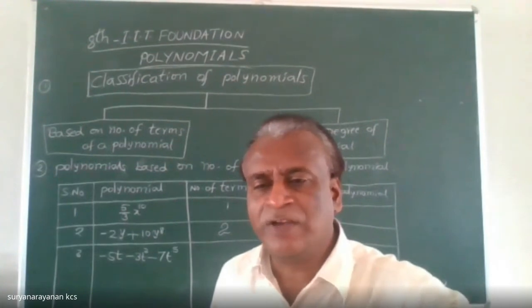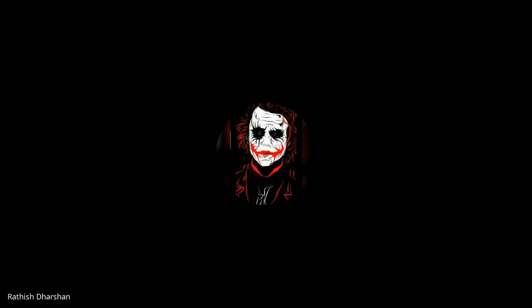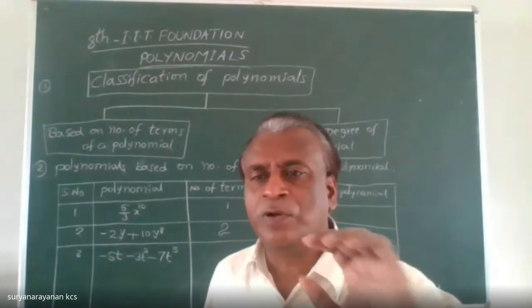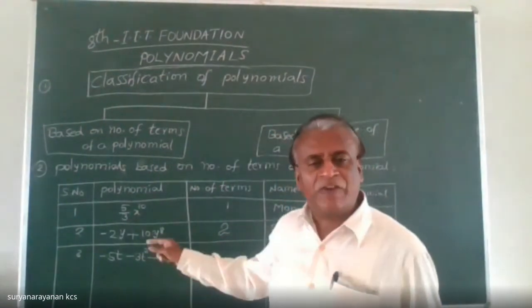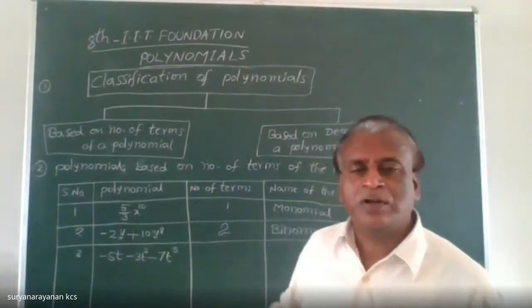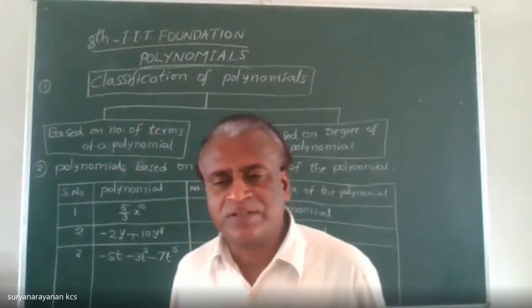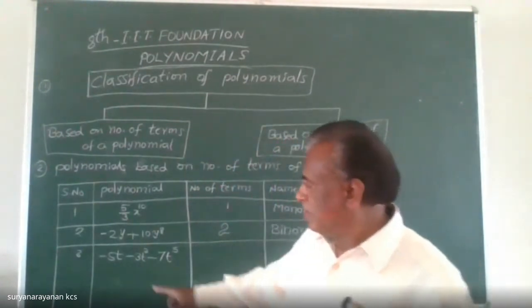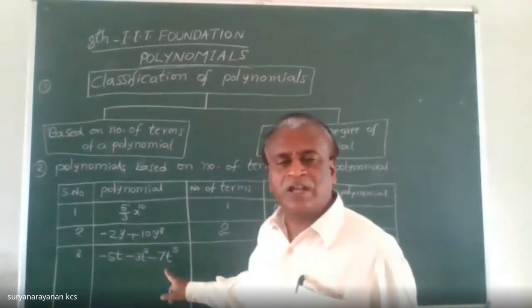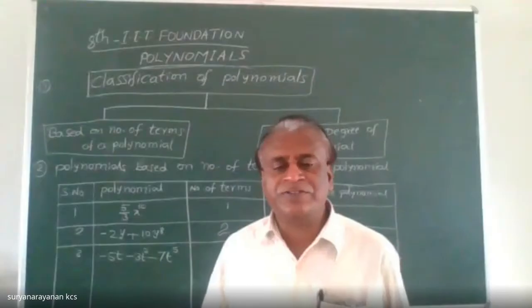T is the variable. Here the polynomial is defined in the variable t. It is a trinomial. This is called a trinomial. So, how many terms are there in this polynomial? Three terms. What is the first term? Minus 5t.